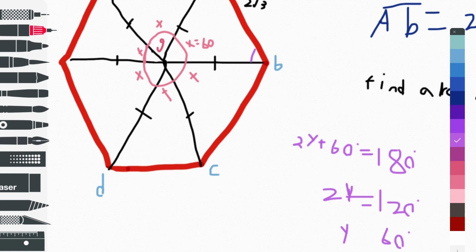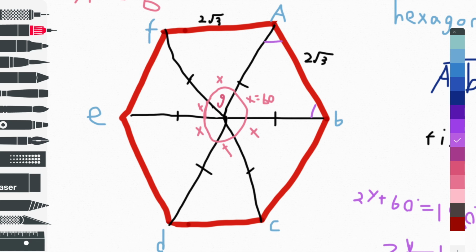This is interesting. If x is also equal to 60 and all of these are equal to 60, so if this is 60 and this is 60 as well, then we're dealing with an equilateral triangle. And since one side is 2 square roots of 3 and all sides are equal, this must be congruent.